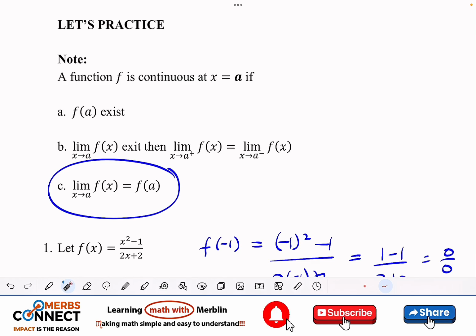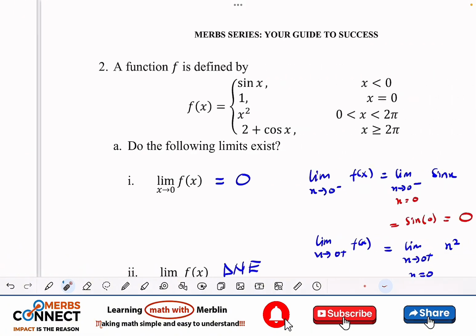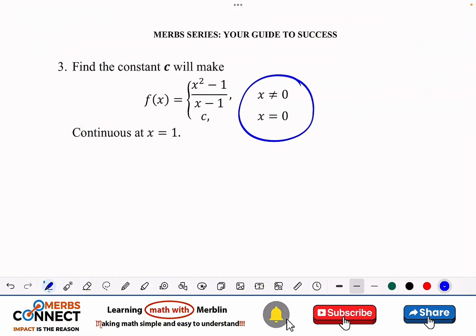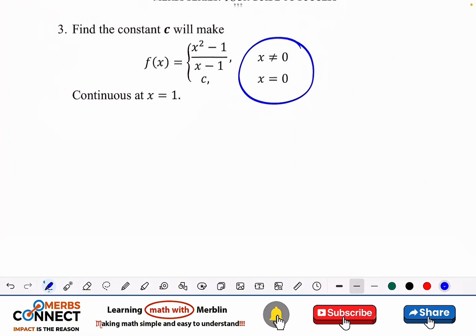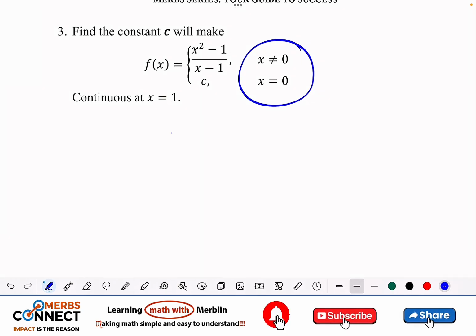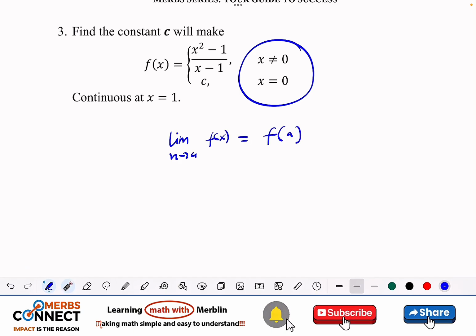Only this, because now the function is continuous. So this is true, this one is also true. So we can pick one of them to solve. So we are using the idea that the function is continuous. So since the function is continuous, we are using the idea that the limit as x is approaching a of f of x is the same as f of a.